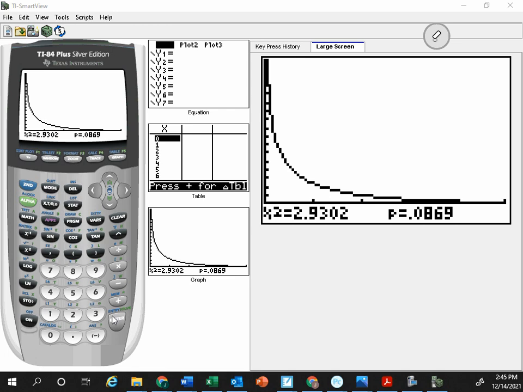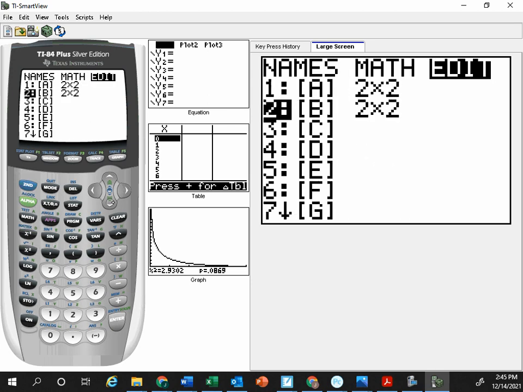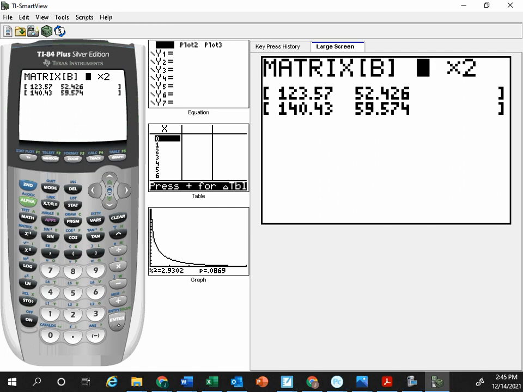Because now what do we need to go look at? What do I need to check? Yes, I have to go into matrix. And again, you can look at the names, or if you go over to edit, sometimes it's easier to see there. Clearly, those are all bigger than 5, right? I didn't write these down anywhere, so hold on.